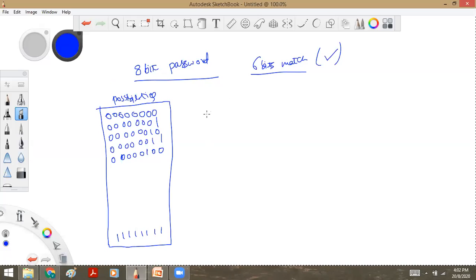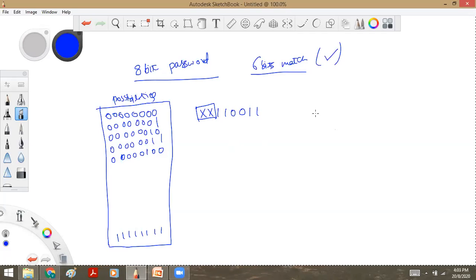Now imagine I gave a hint of the password saying these 2 bits are not given, 1 2 3 4 5 6 are given, and these 2 are not given. Now you need to try all the possibilities.